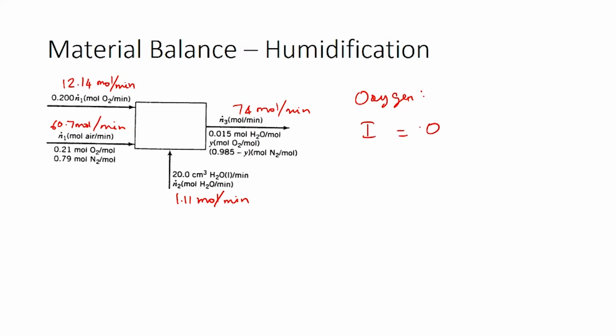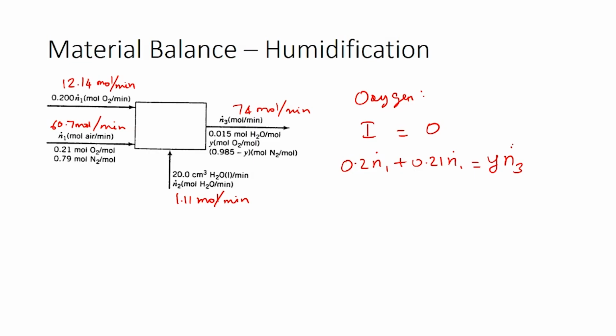Oxygen is entering the system through two of the streams, one being the air stream and the other is your oxygen stream. So, you can write this as 0.2 N1 dot plus 0.21 N1 dot, and the exit stream would be oxygen leaving through the humid air. As the concentration of oxygen is Y, we will say it is Y N3 dot.